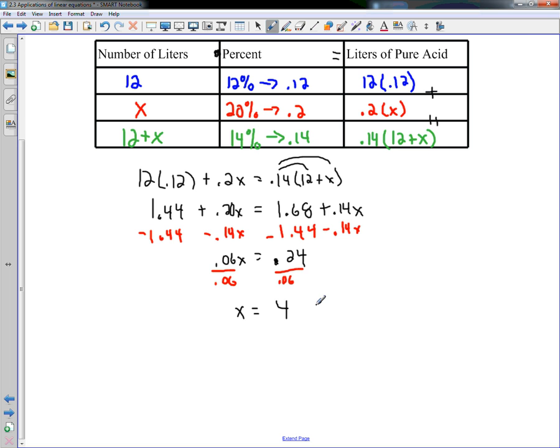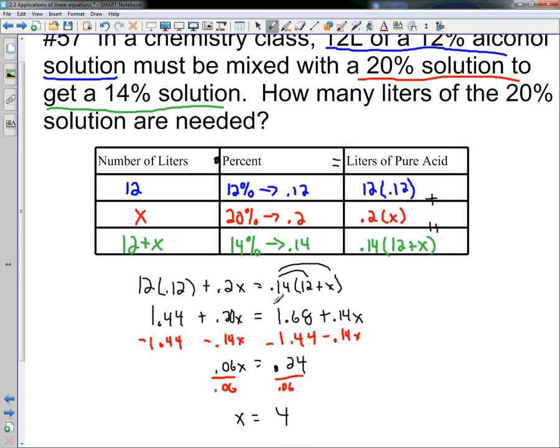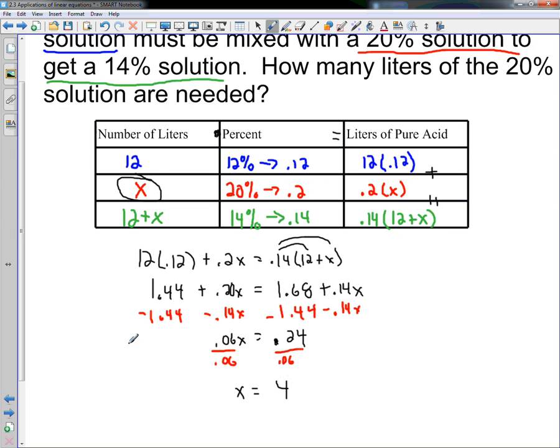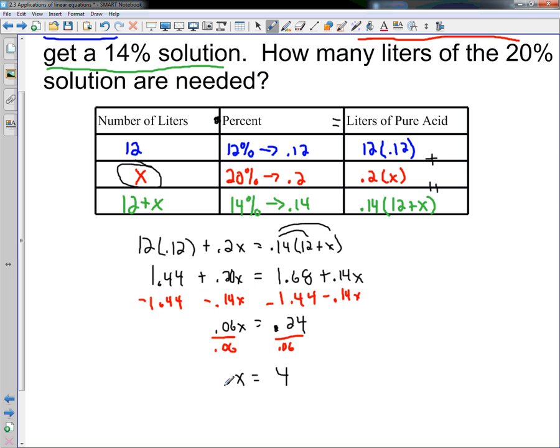So let's see what we're looking for. How many liters of 20% solution are needed? Well, 20% was represented by just the x, so that's telling us that we need 4 liters.